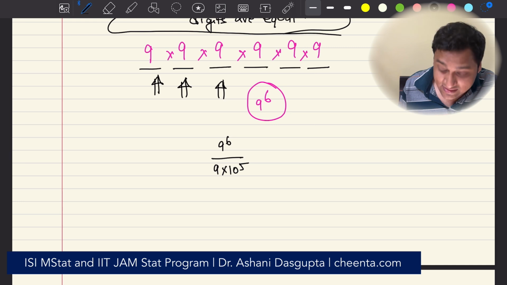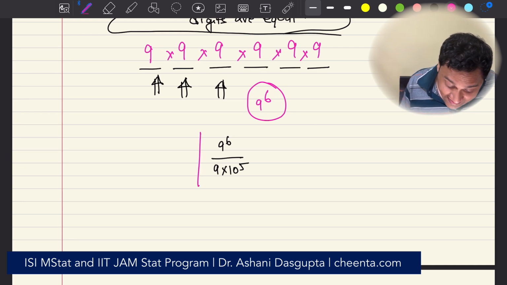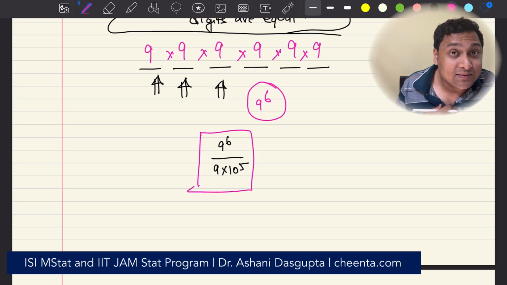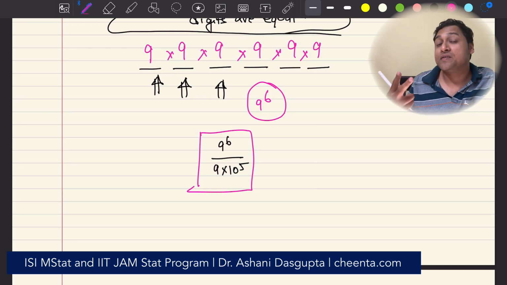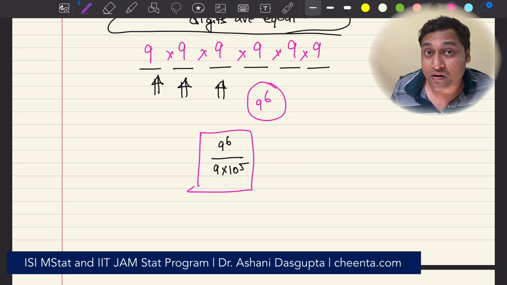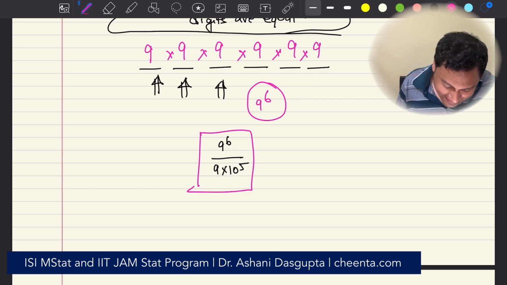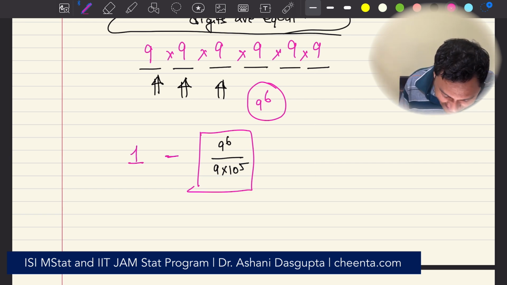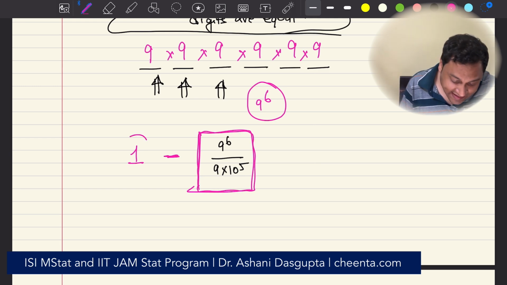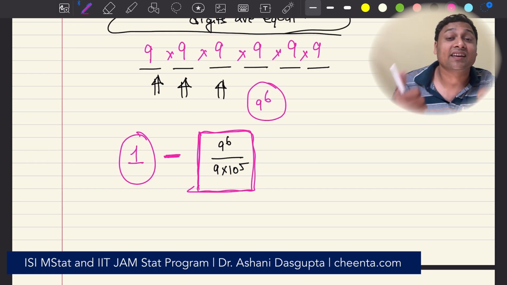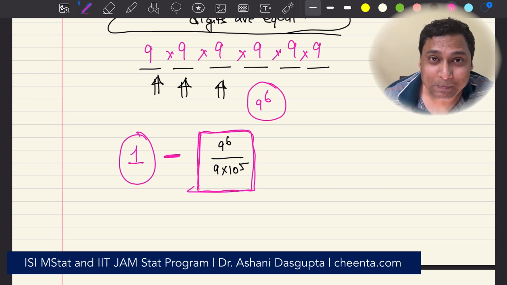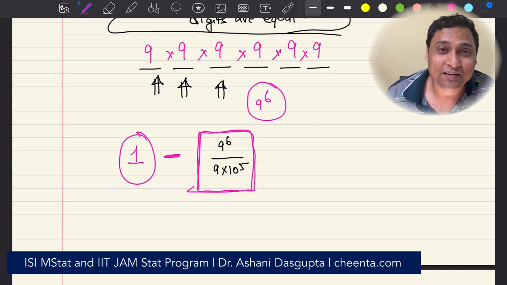That means the case that we actually want, where either two consecutive digits are repeated or 3 consecutive digits are repeated and so on, is 1 minus this particular thing. 1 is everything, minus the probability of that thing not happening, right? So this is called the method of complements.